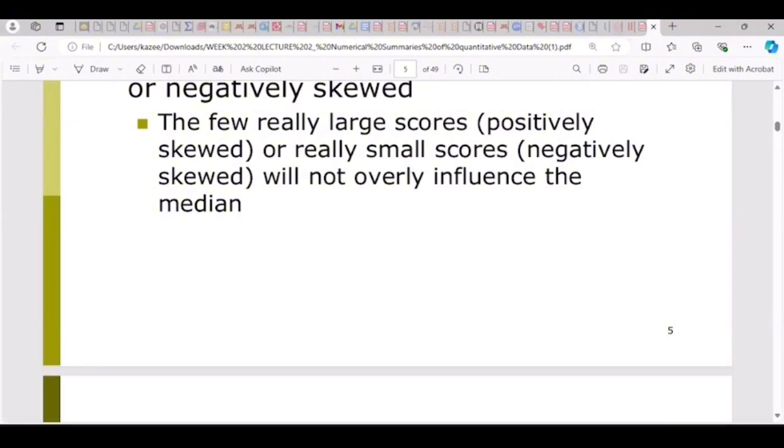Skewness is a problem in statistics. Does that make sense? But the fact that it's a problem, we have a way of dealing with it. That is the reason why, when the distribution is skewed, don't use mean. Instead, use median.